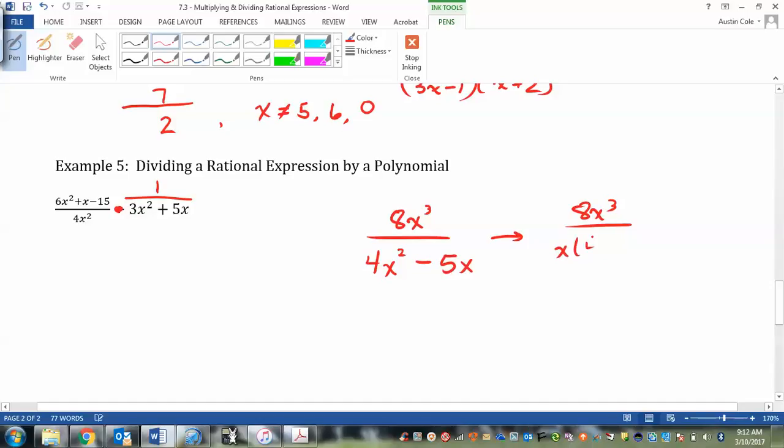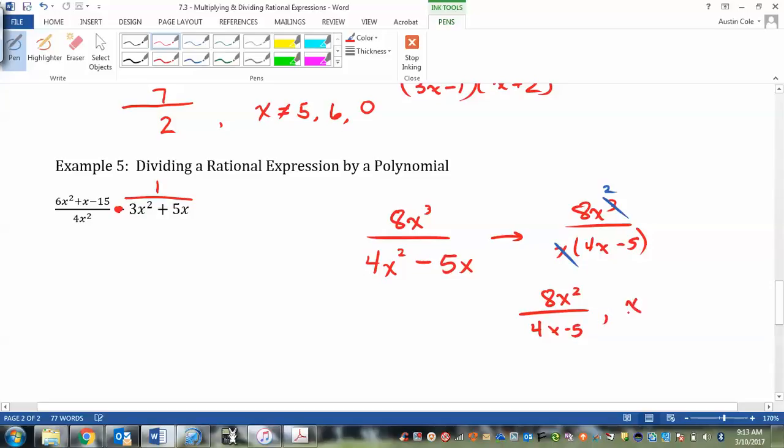So now I'm going to have 4x minus 5. Now what cancels? Just the x there with the x there. So my final answer here should be 8x squared over 4x minus 5.